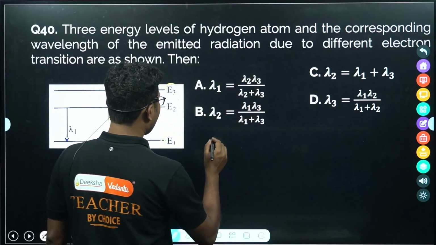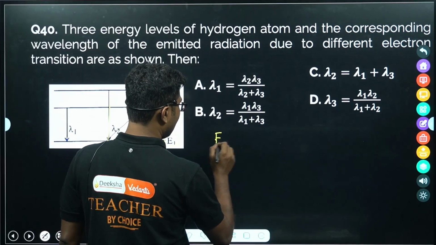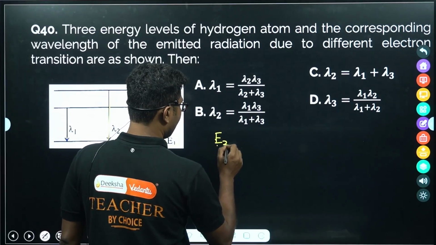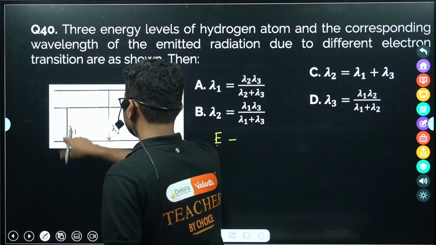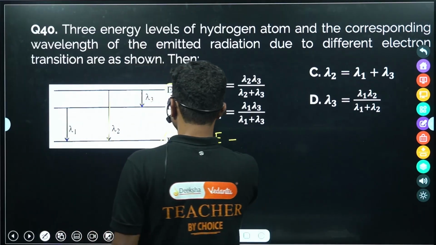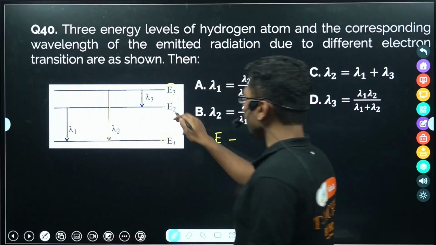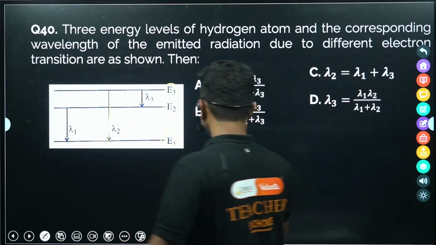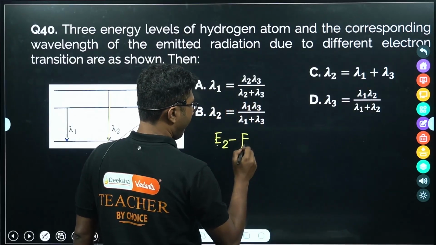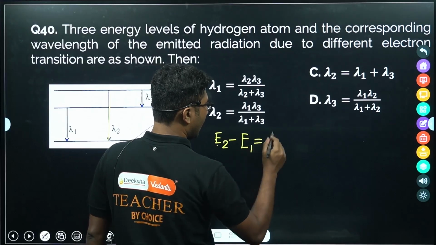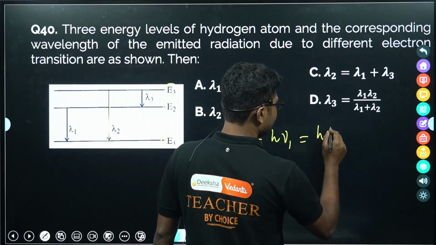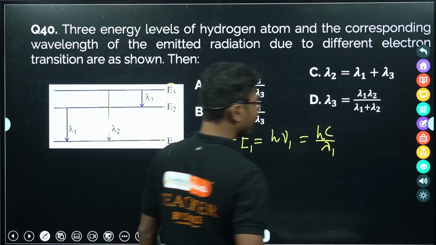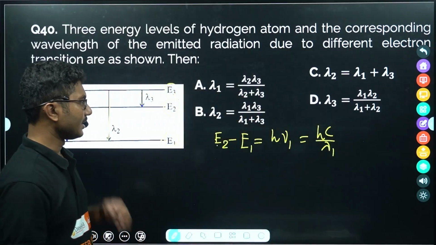So we can write, starting with the first one, lambda 1, which is the jump from E2: E2 minus E1 is equal to h nu 1, or hc by lambda 1. This is the first relation.